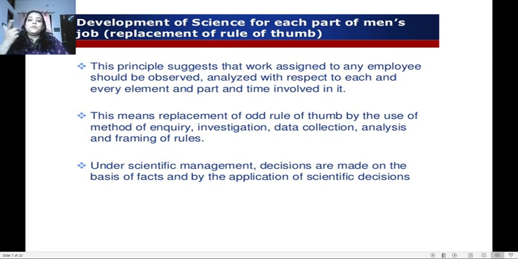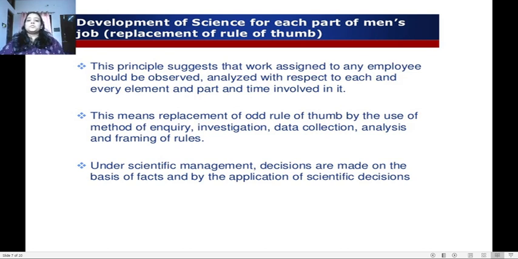But before this, whatever work the employee was doing, he was not being observed. Each and every work was not being observed as such, right? What the other used to tell the manager, he used to believe that. But through the scientific principle, each and every work is being observed, so employees are also attached to the organization, right?